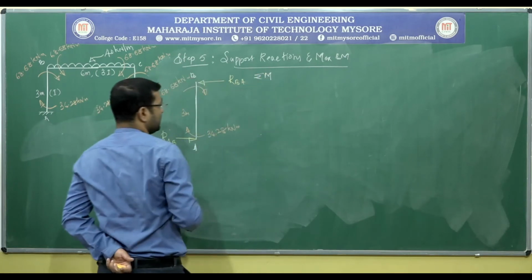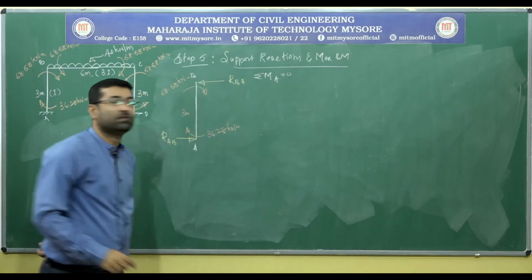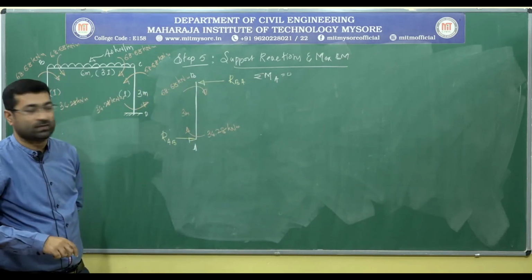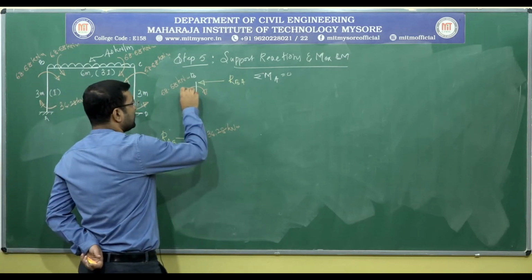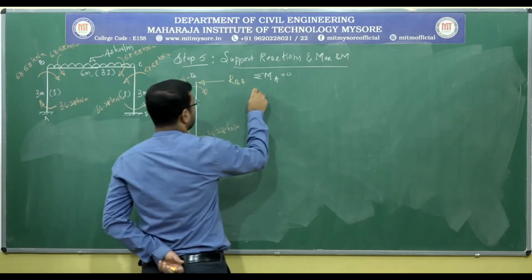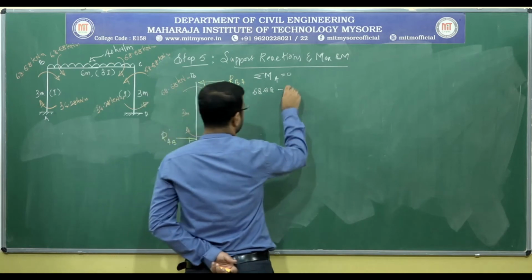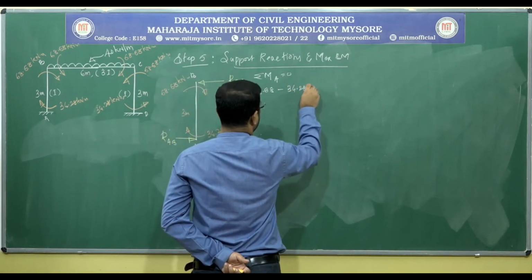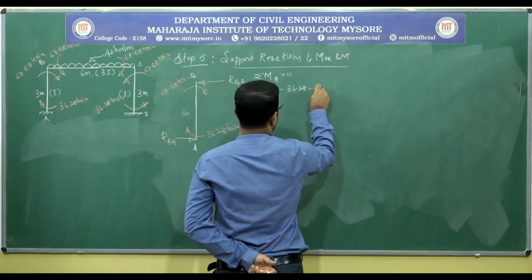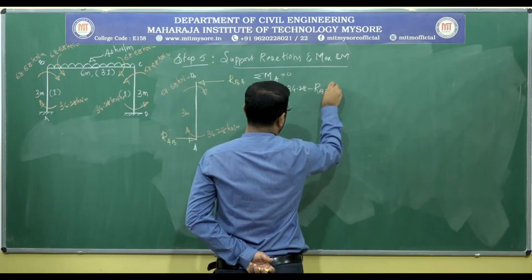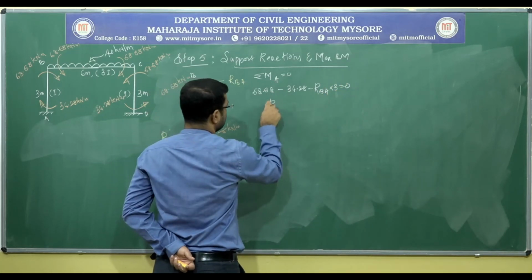So if I take the algebraic sum of moments of all the forces about point A and equate it to 0, then with respect to point A, this is a clockwise moment 68.68, minus this is an anti-clockwise moment, 34.28, and this reacting component creates an anti-clockwise moment, so minus RBA into its perpendicular distance, which is 3, equating it to 0.